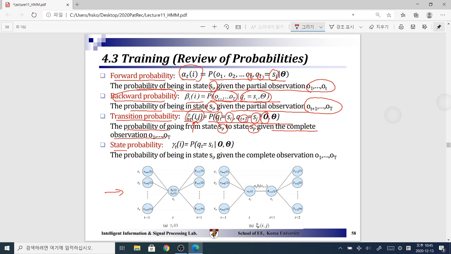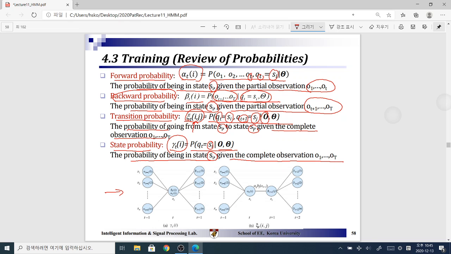On the other hand, the state probability, which is related to the emission probability, is denoted by gamma sub t of i, which is the probability of being at time t in state i given the observation as well as the model. So this would be the probability of being in state S_i given the complete observation.